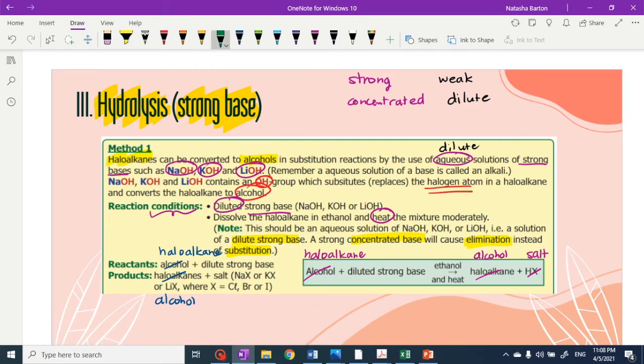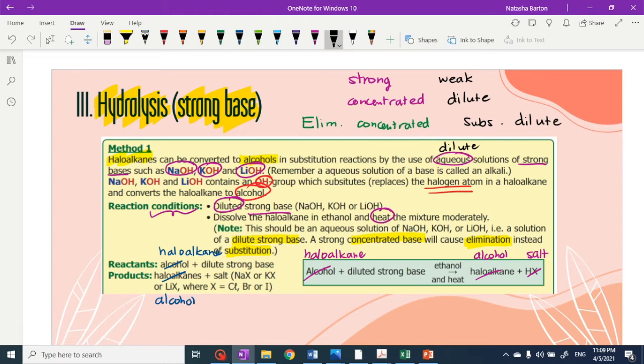If we have an elimination reaction, the strong base is going to be concentrated. On the other hand, if we are performing a substitution reaction, the strong base is going to be dilute. So dilute is substitution, elimination is concentrated.